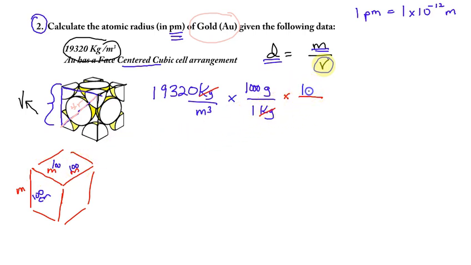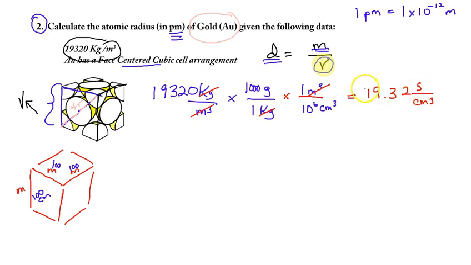So in 1 meter cubed, you get 10 to the 6th, or 1,000,000 centimeters cubed. Yeah, I know that conversion. If I did picometers, I'd be confused. So that's what I'm doing here, and I'm getting grams per centimeter cubed, which is what I want. When I multiply this through, I get 19.32 grams per centimeter cubed.